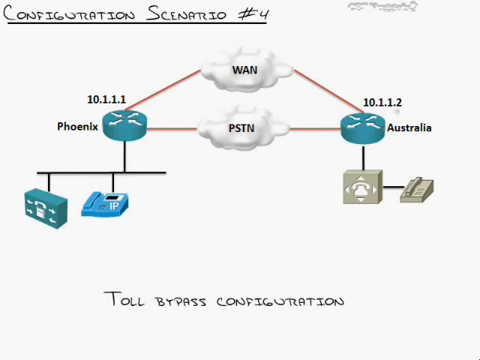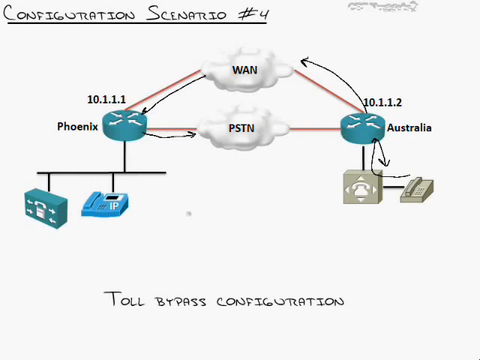The Australian folks are still on a PBX system, but we've got them connected to a router that has a bridge over the WAN to Phoenix, and we want to do toll bypass, allowing these PBX calls to route into the router, over the WAN, into Phoenix, and then out Phoenix's PSTN connection to totally save all toll charges, not only inter-office calls, but Australia can now call anyone in the Arizona area, Phoenix, Tempe, Mesa, all of our local cities here, without paying any toll charges at all.